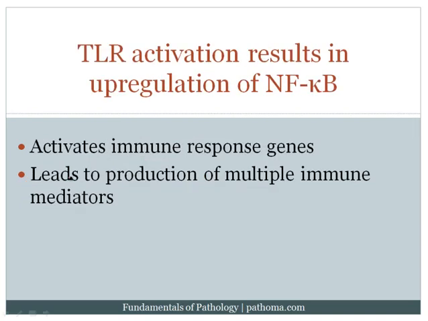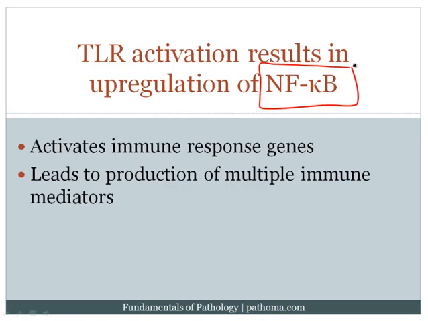Once the toll-like receptor binds its PAMP, that results in activation, and a signal is sent to the nucleus. One of the key proteins, it's actually a transcription factor, that's upregulated is called NF-kappa B. Very high yield. NF-kappa B is, we can say, sort of the molecular switch. It's the on switch.